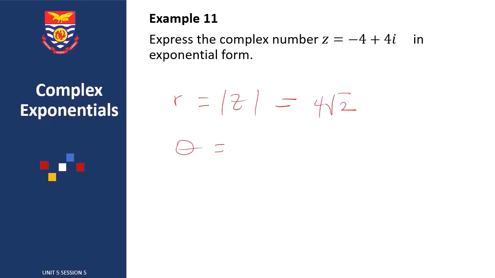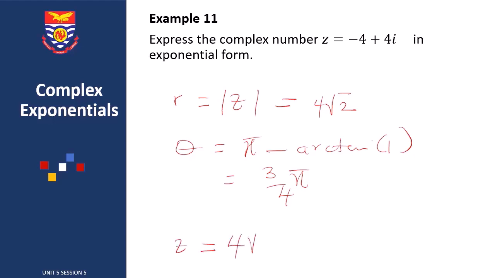So you get pi minus arctan of 4 on 4, which is 1, and that gives theta equal to 3 on 4 pi. Therefore, I can have z equals 4 root 2 e exponent 3 on 4 pi i.